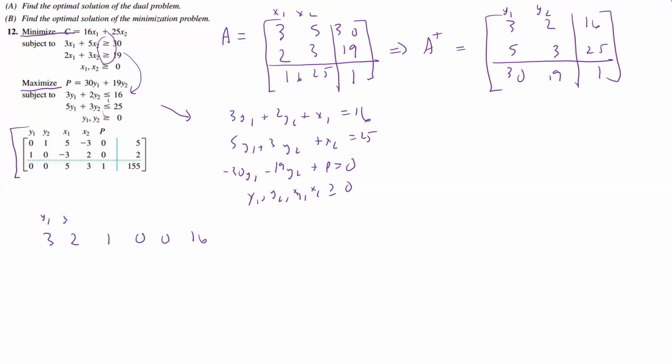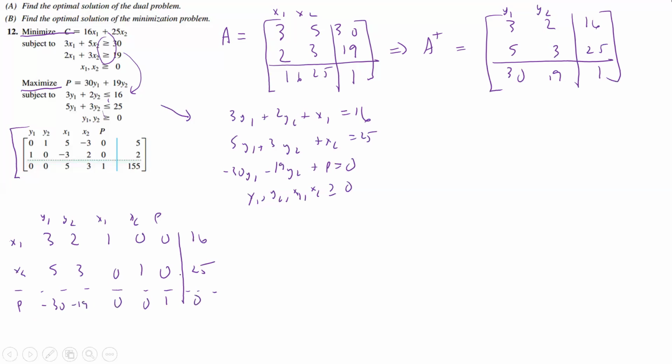This is y1, y2, x1, x2, p. And then we had a 5, a 3, a 0, a 1, a 0, and a 25. We had a minus 30, minus 19, a 0, a 0, a 1, and a 0.